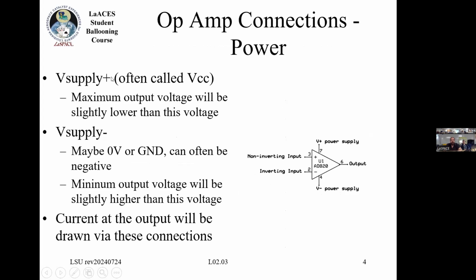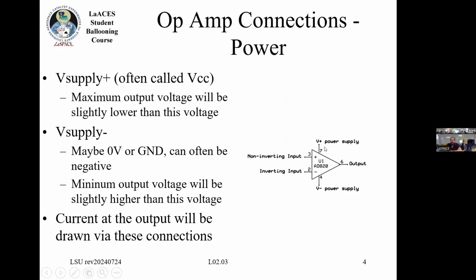The positive and negative power supply, which you also call VCC plus and VCC minus, is where the power for this chip is coming from, and the output is limited to the range of these 2 values.